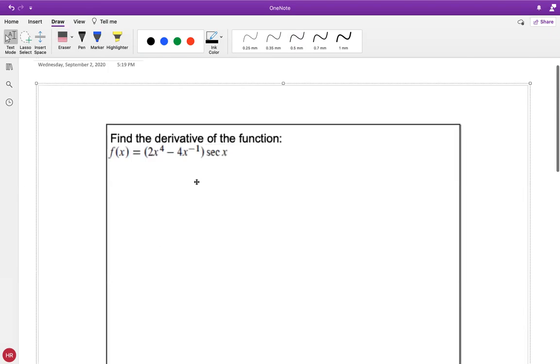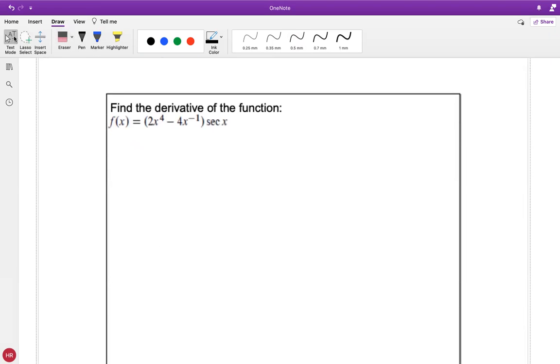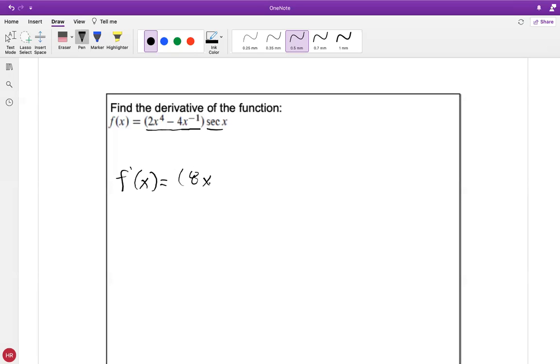Find the derivative of this function. Okay. So again, I see it's a product. There's this big polynomial thing here and the secant. So product rule says derivative of the first times the second. Derivative of the first is 8x cubed.